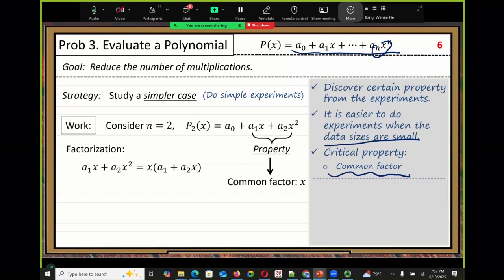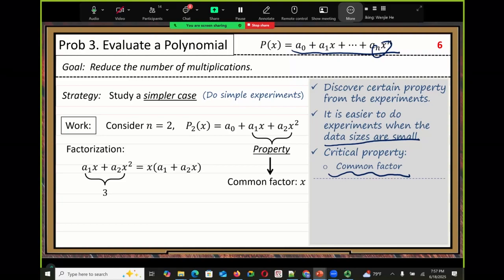When you count the number of multiplications from the left-hand side of the equality, you have 3. The first term, 1 multiplication. The second term, 2 multiplications. So 1 plus 2, you have 3.